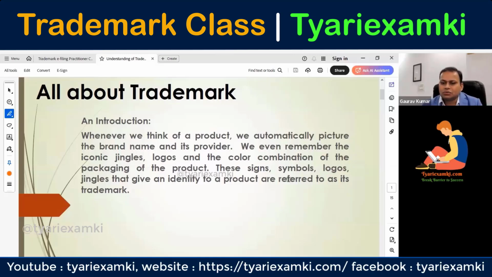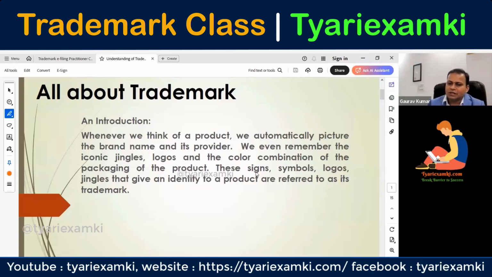So, what is trademark? Any kind of thing that we visualize, just by visualizing it, we get to know what is the brand and who is the producer, who is the owner of that brand. So it gives you a picture of either a name or an identity also.